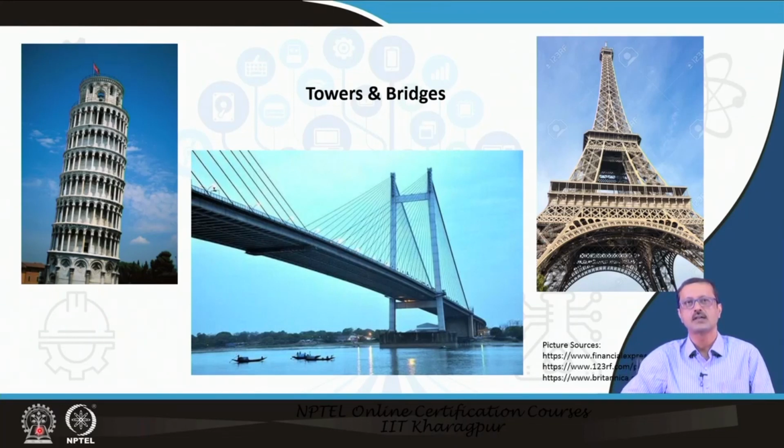That is also a fabulous structural system used for that particular bridge. So, structural systems can be applied for any kind of buildings, towers, bridges and all. Different types of systems have to be adapted for different kinds of execution or applicability.